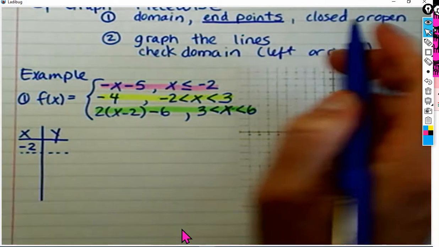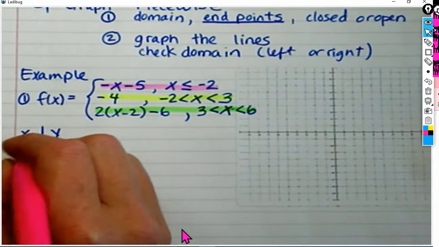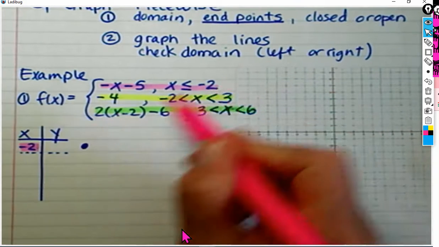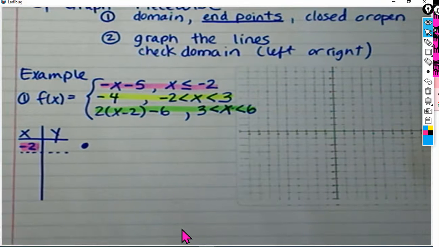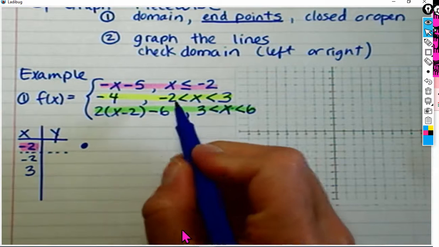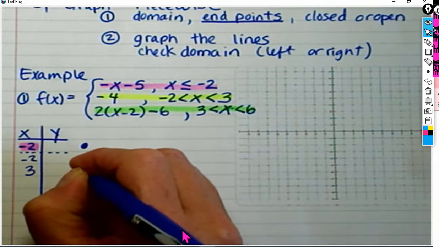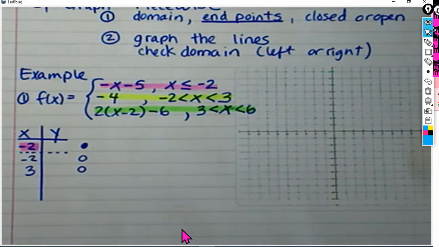That's a closed point. So I'm just going to put a little note to myself. That's a closed point. This is for the pink portion. Okay, right? That is the pink endpoint. Now I have two endpoints for the yellow section, -2 and 3. Except this time, see how they're both not included? That means that they're going to be open points.